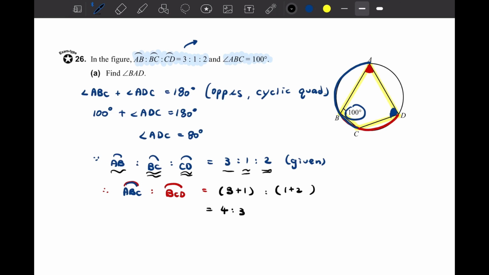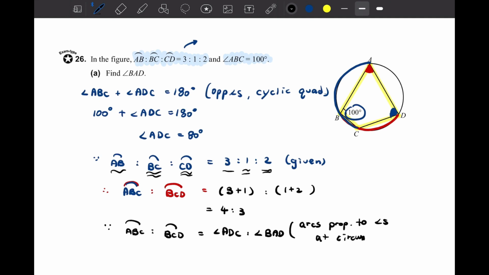And because we know the ratio of the arc ABC to BCD, we know that the ratio is going to equal to the angles at the circumference, which is ADC and BAD. So write down this: arcs proportion to angles at circumference.